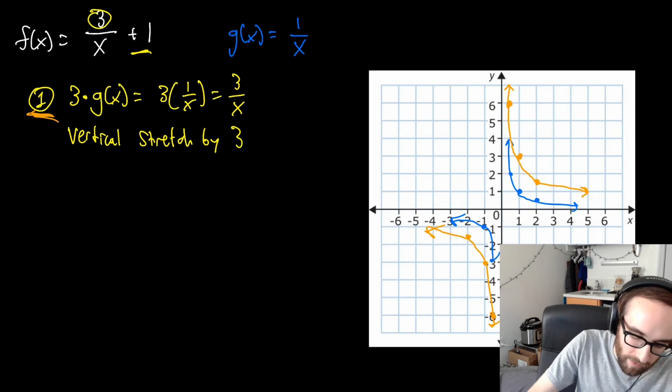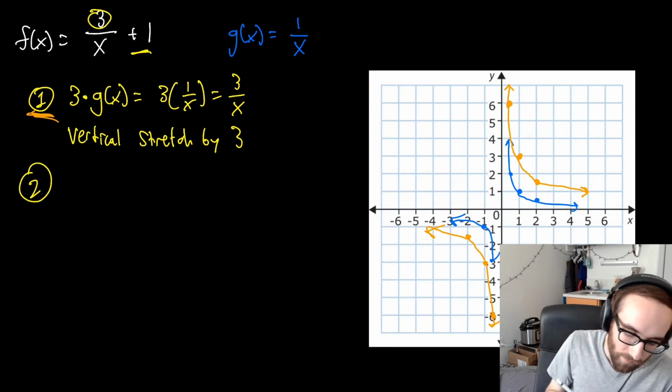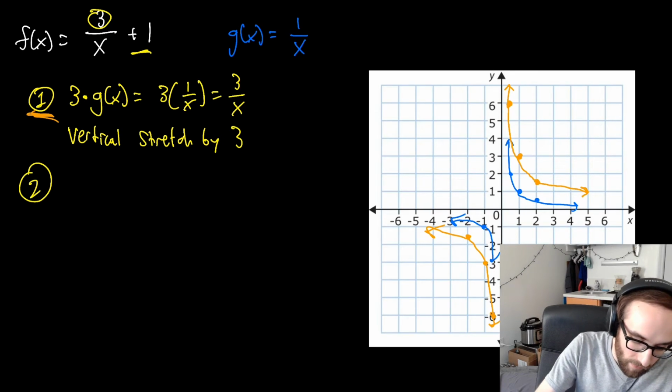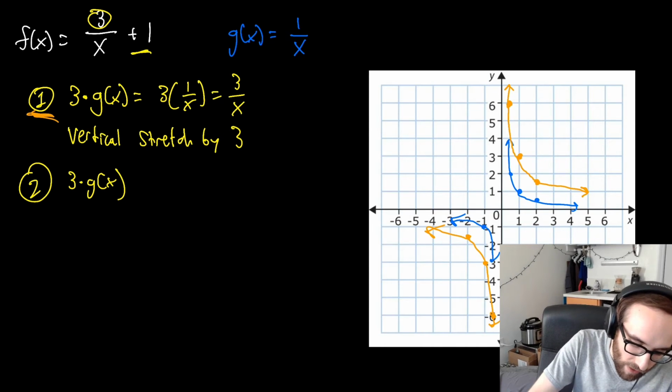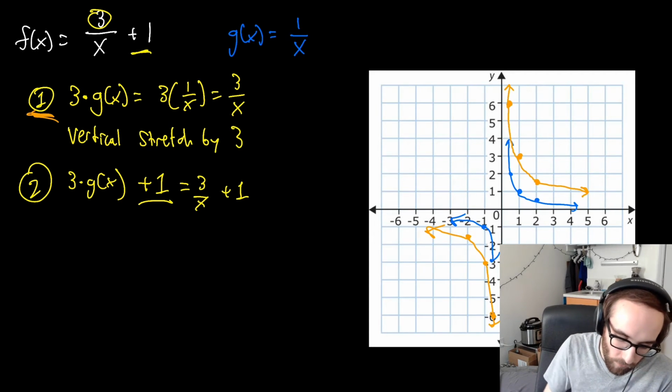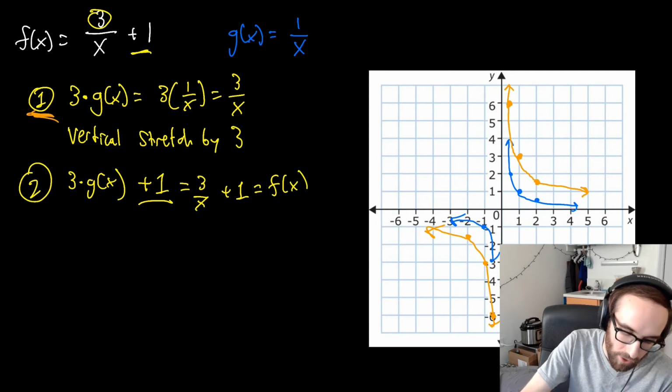Then our second transformation is we're adding 1. We take 3 times g of x, we're taking our previous one, and then we're adding 1 onto our function. So we get 3 over x plus 1, which is f of x. That's our final function.